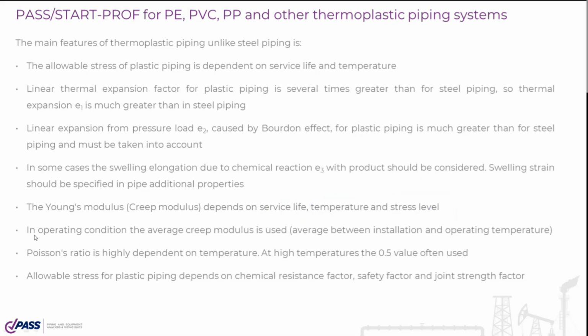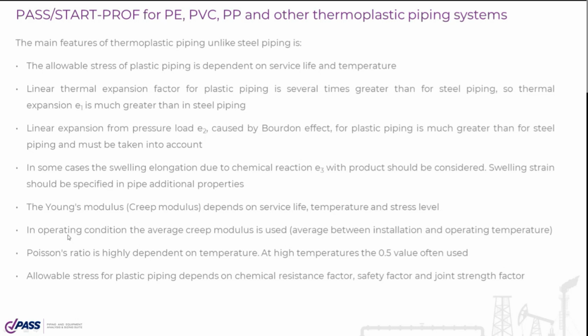The next feature is that in operating condition, the average creep modulus is used. For example, for steel piping, we use the elastic modulus at the working temperature. If the operating temperature is 100 degrees, we use the Young's modulus at 100 degrees.